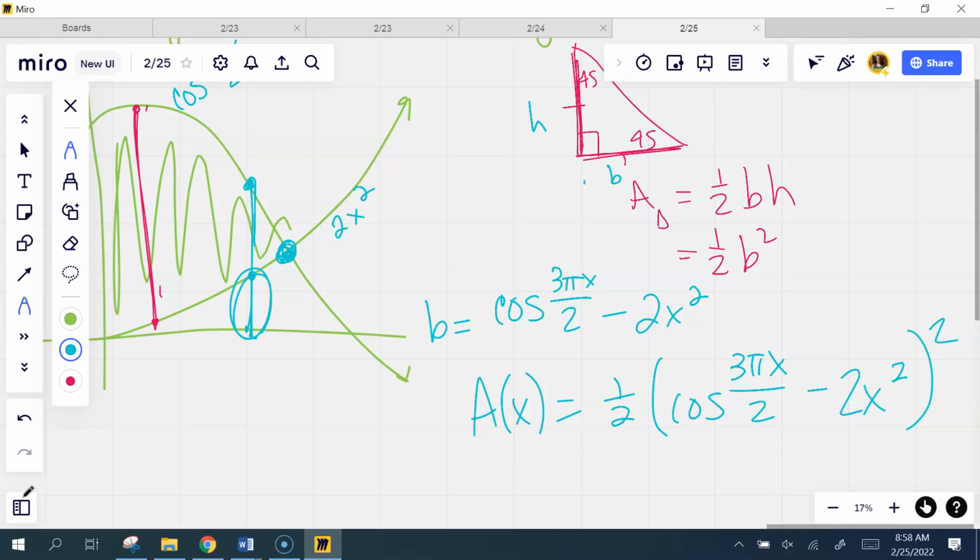And since this is a calculator problem, I'm going to graph them both, and I'm going to calculate the intersection, which is, I don't know. I don't have my calculator. I don't have the answer key for this either. So somebody graph it and tell me where they intersect. What is it?